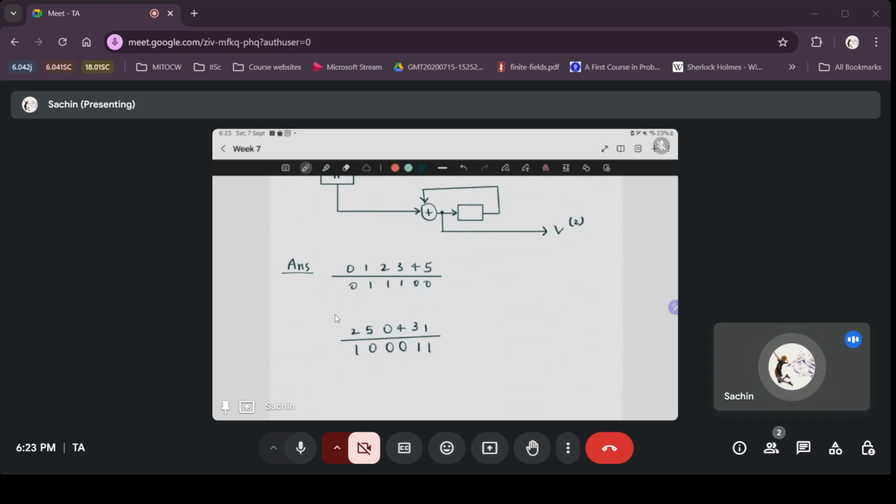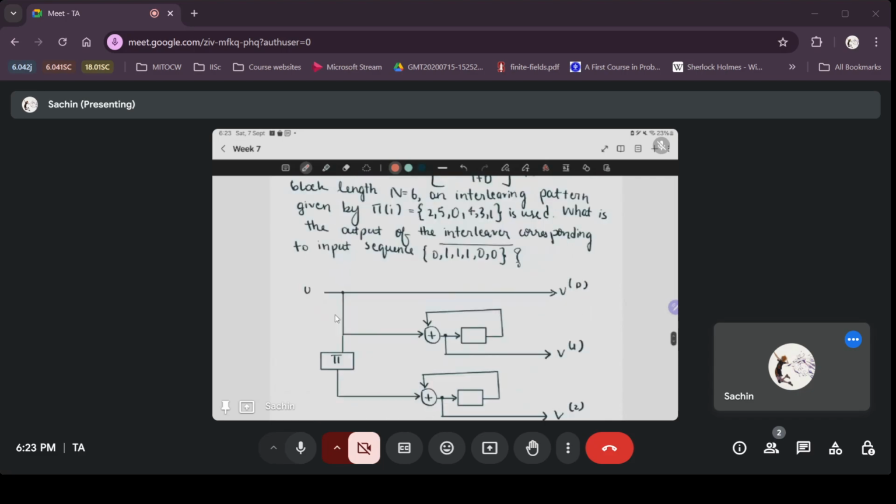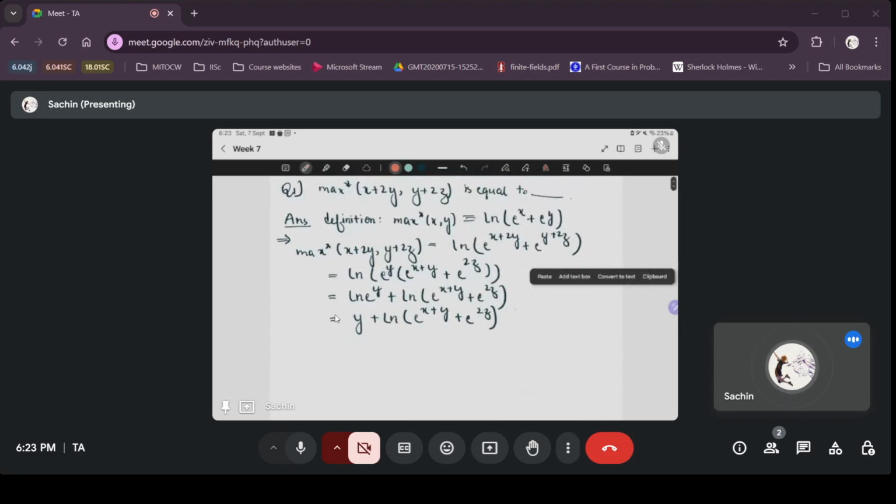So it will take a block and change the position of the bits in that block. That's what the interleaver does. This is your answer. The previous question, this was your answer.